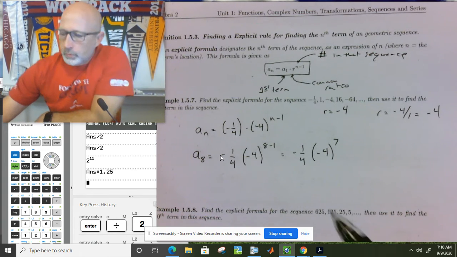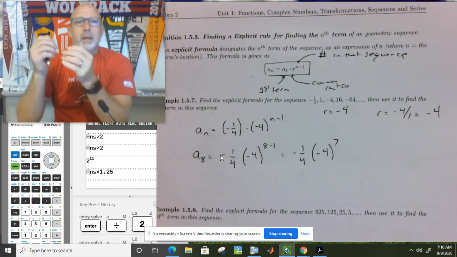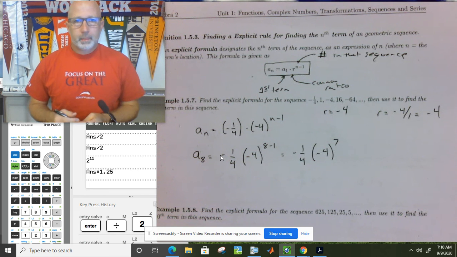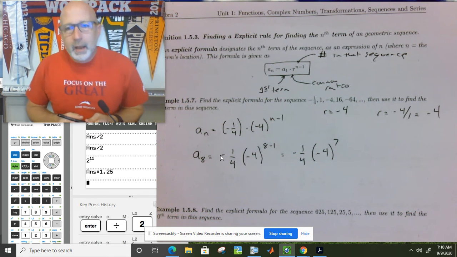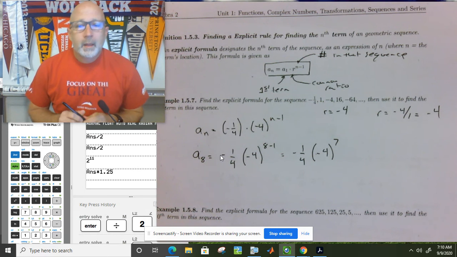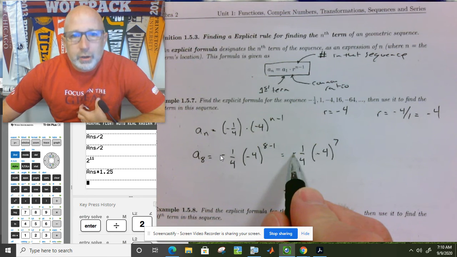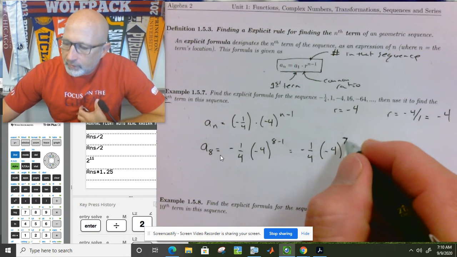Now, if you have a negative times a negative, it's going to turn into a positive. Now, the thing is I first have to take it to the 7th power.